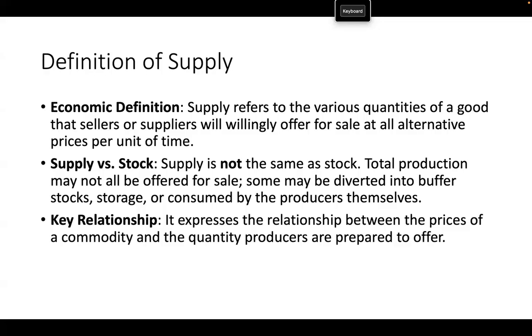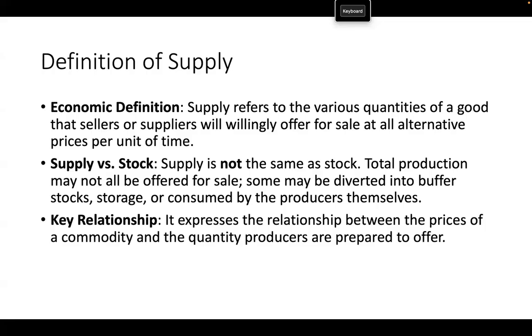There's a difference between supply and stock. Supply is not the same as stock. As a producer, whatever stock that you have after you've manufactured a product is different from supply. So the total production may not all be offered for sale.